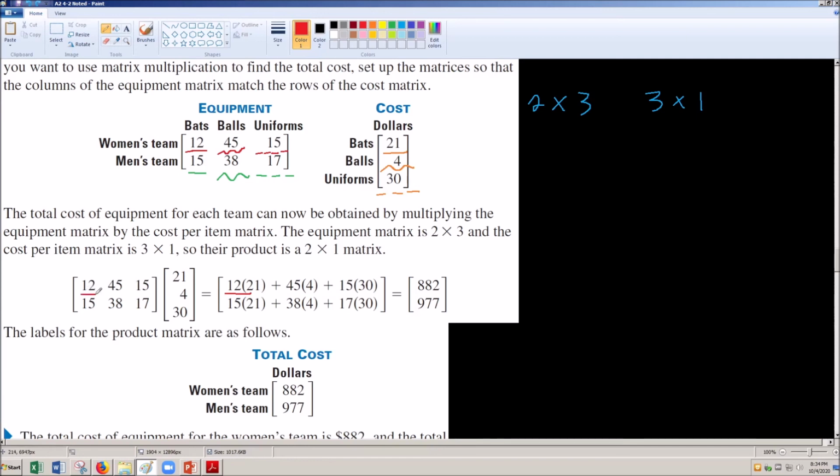Here's the artistry test. Can I maintain all of these little cues that I've done so far? Let's try my best. There we go. Do the men's team real quick here. We got 15, 38, 17.